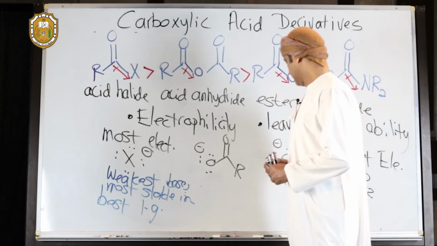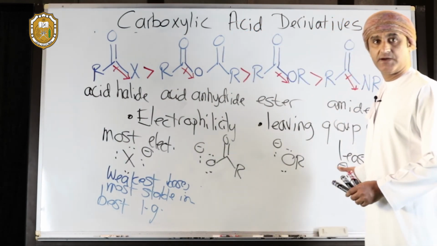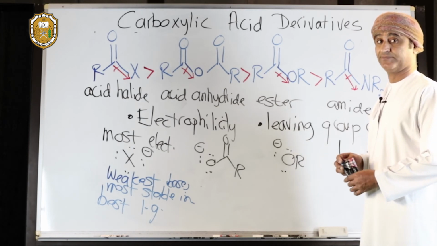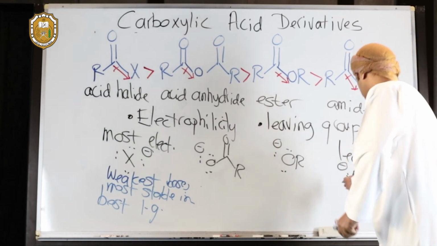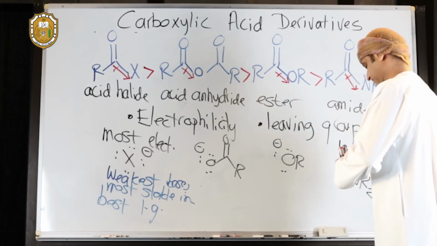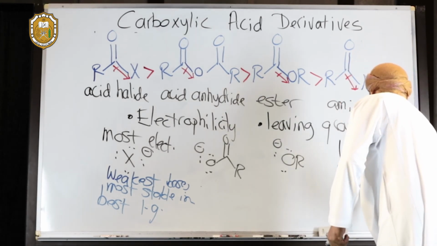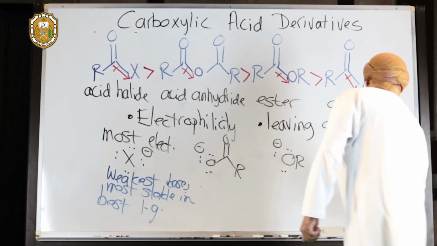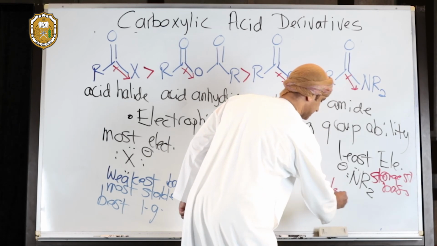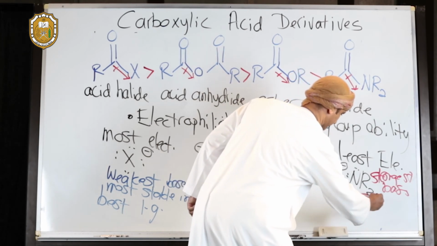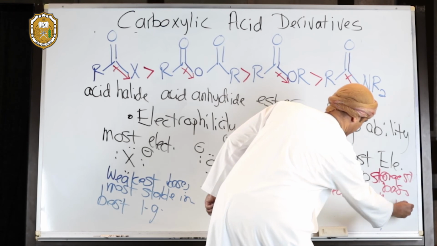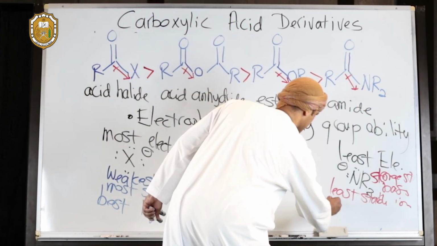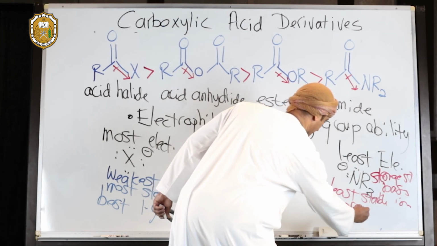Now amides come from amines. Amide ions are very strong bases. They are unstable ions. Actually, they are the strongest bases. They are the least stable ions.